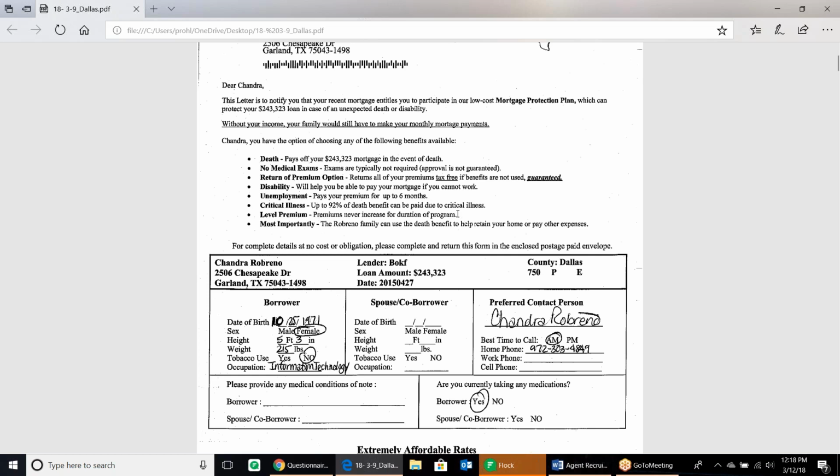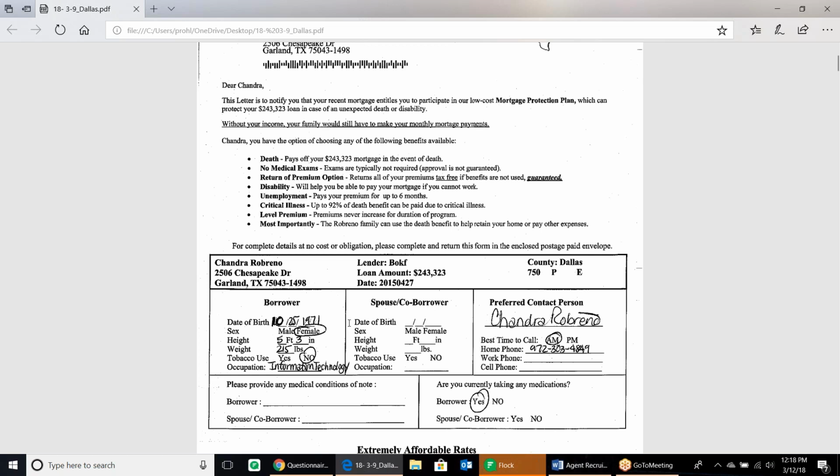There are level premiums, meaning the premiums, once they sign up, remain locked in at that price. They don't increase due to age or health conditions until the policy expiration date. And most importantly, they can use the death benefits to help retain their home and pay other expenses.